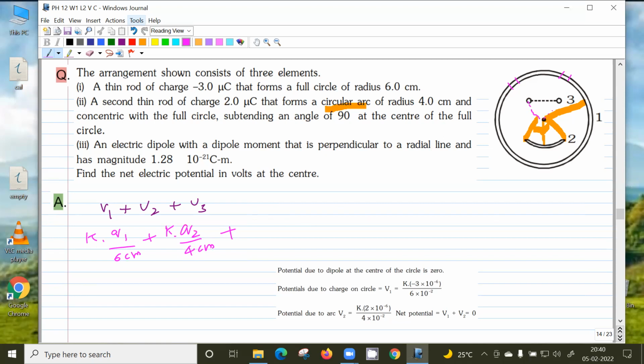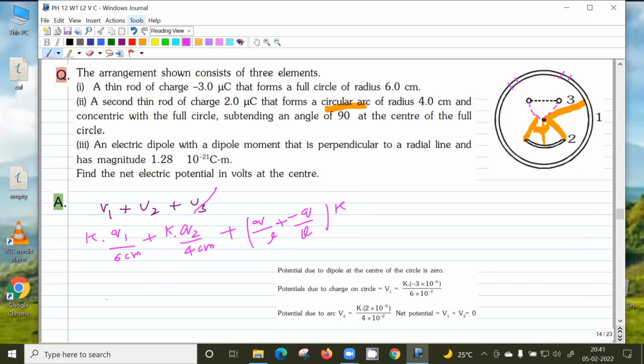Both these distances are the same. One is Q by L, another one is minus Q by L, so these two will cancel. The dipole will not give any potential, since both plus Q and minus Q are at the same distance. So it is K into Q by R, and plus Q will cancel minus Q. So V3 will be 0. Is that clear?